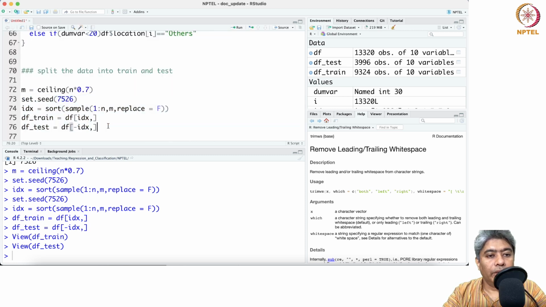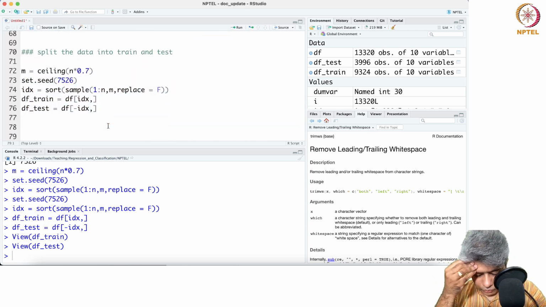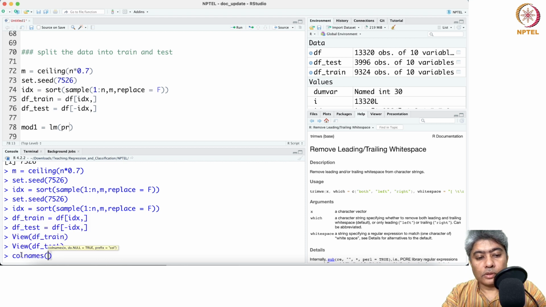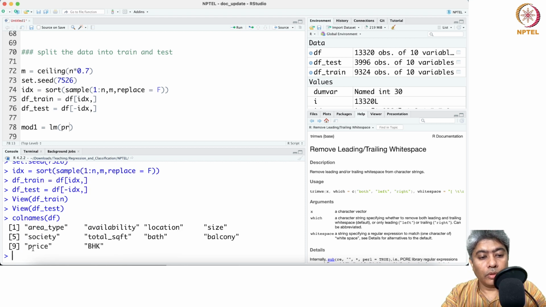All right, next we are going to fit our first model, mod1 equal to lm of price. Let me just get the column names of the df so that we don't make a spelling mistake.